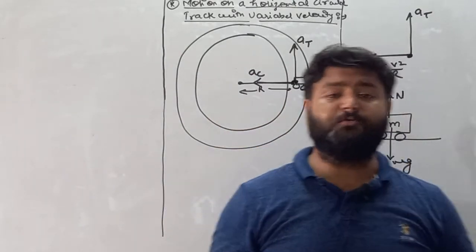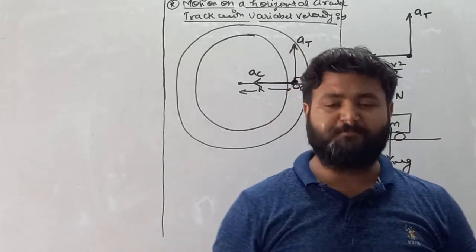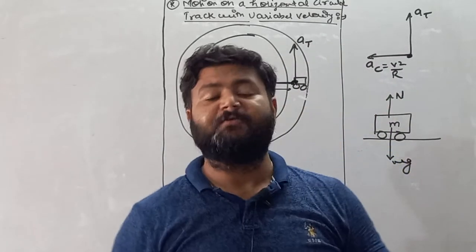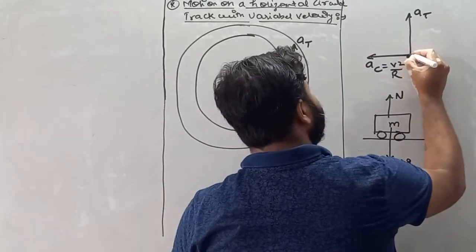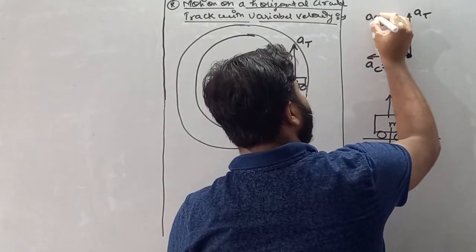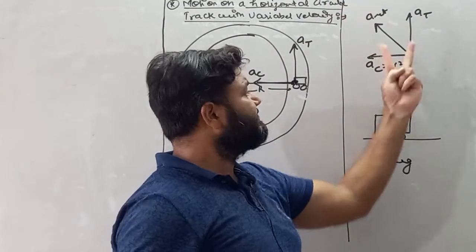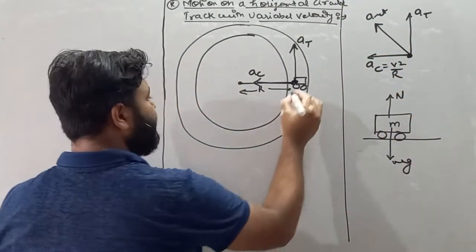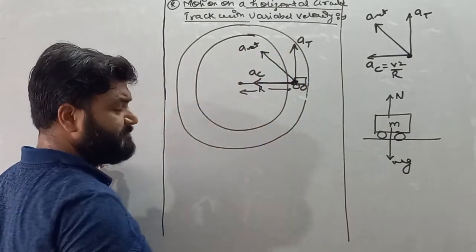If two vectors are acting in two different directions from a common point, then we have to make the net. So we have to make the net acceleration, and the net acceleration always acts between the two accelerations. Here is the direction of net acceleration.